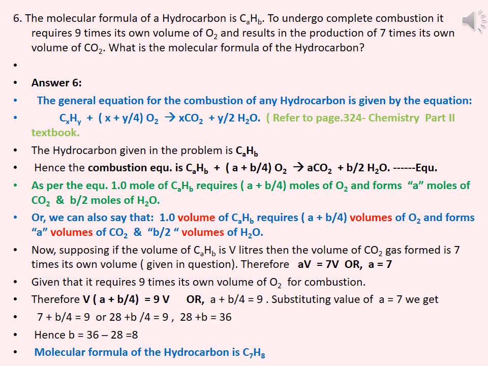To undergo complete combustion of that hydrocarbon, it requires 9 times its own volume of oxygen and results in the production of 7 times its own volume of carbon dioxide. What is the molecular formula of the hydrocarbon?